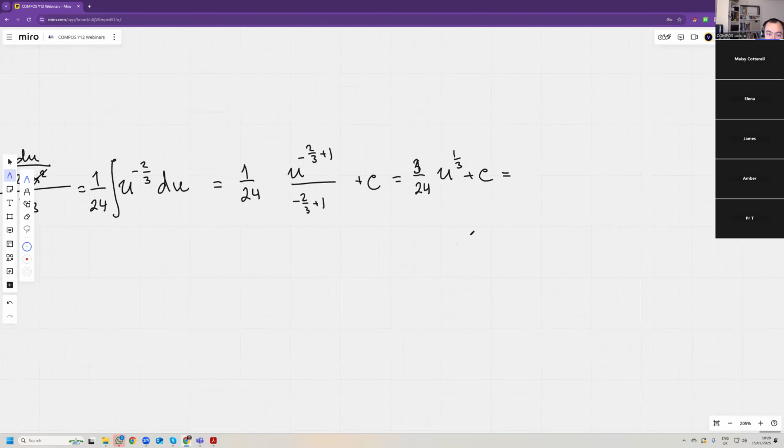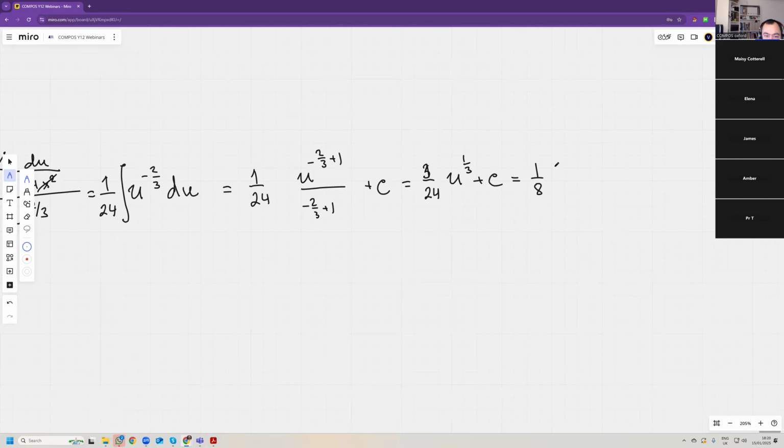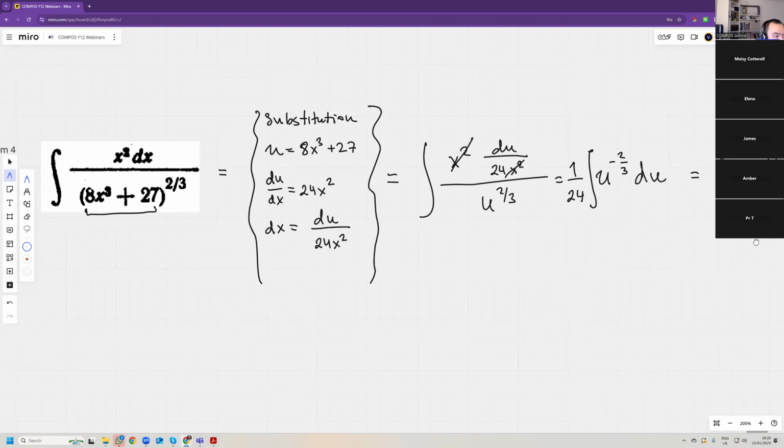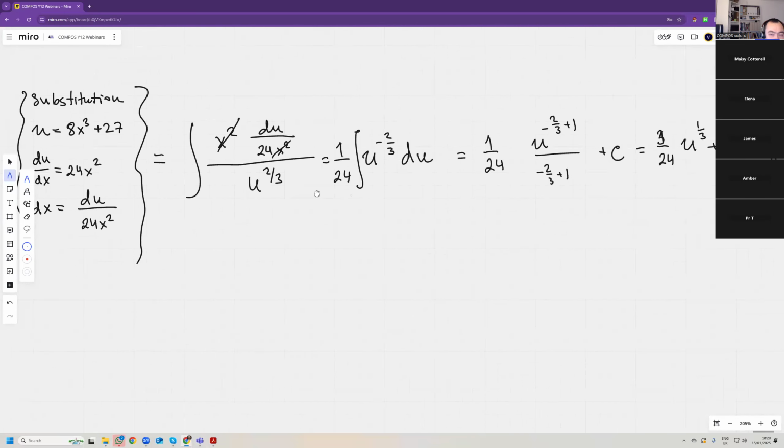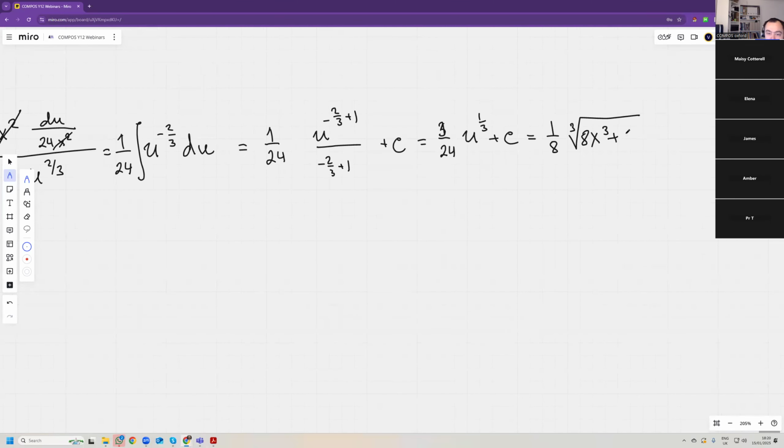So that's 1/8 cube root of 8x cubed plus 27, plus c, and that is the answer. Okay.